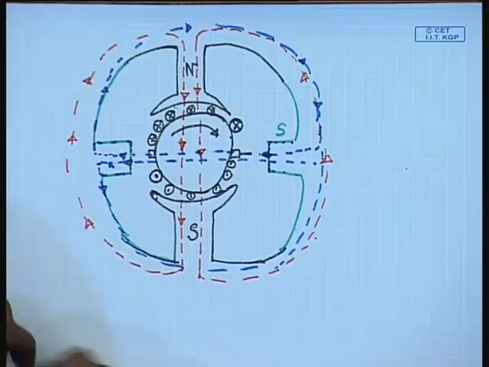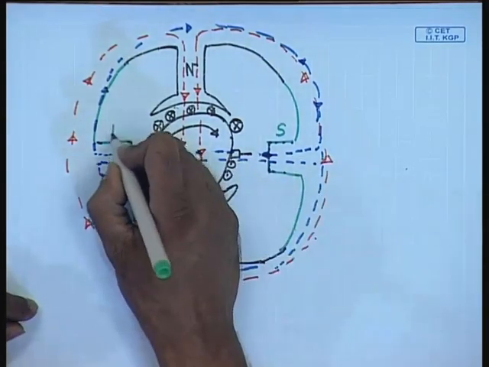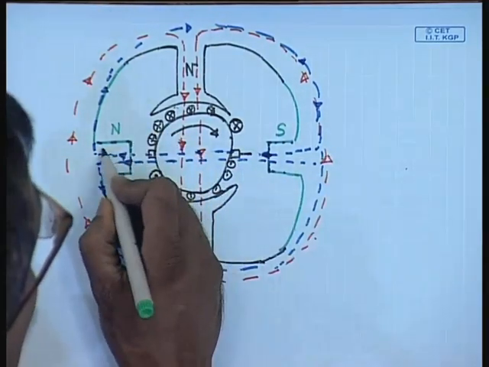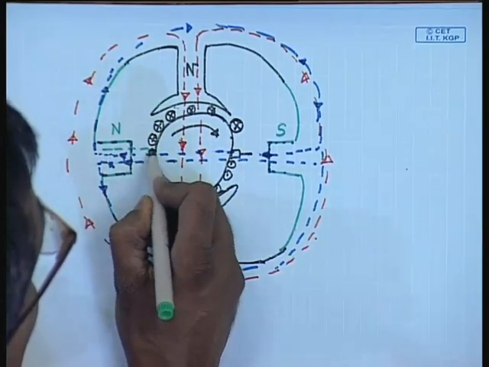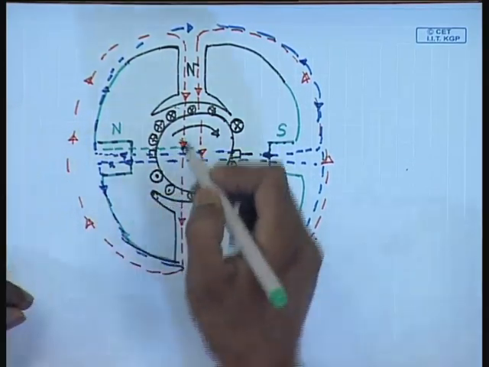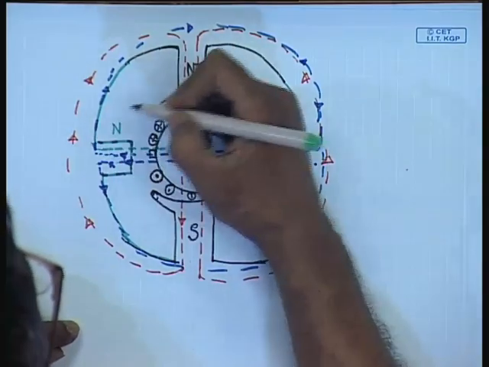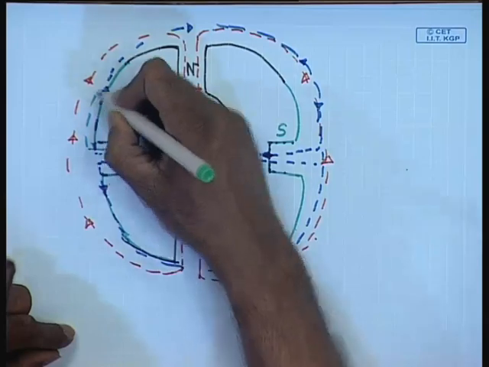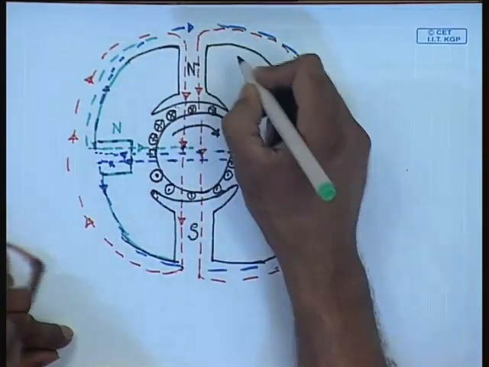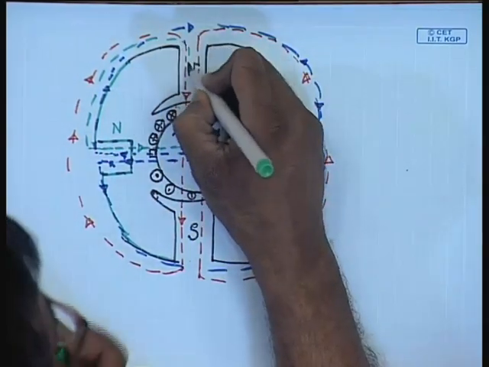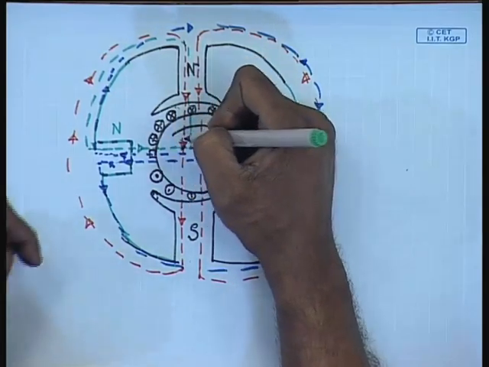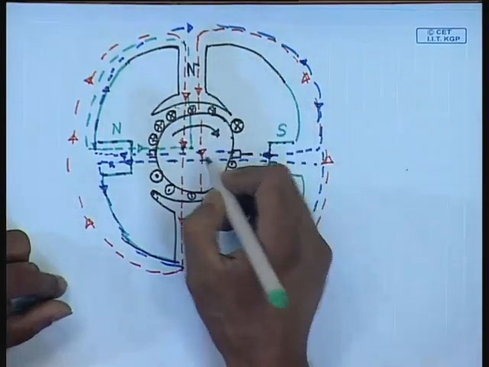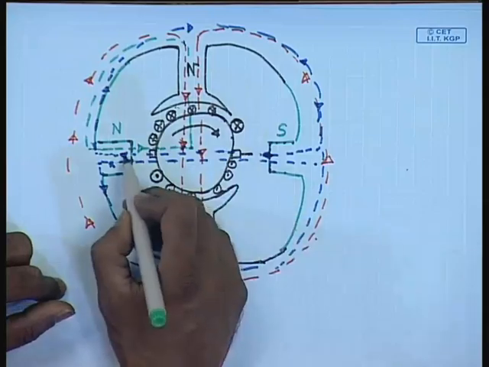So that the flux produced by this north pole will cancel the armature reaction.